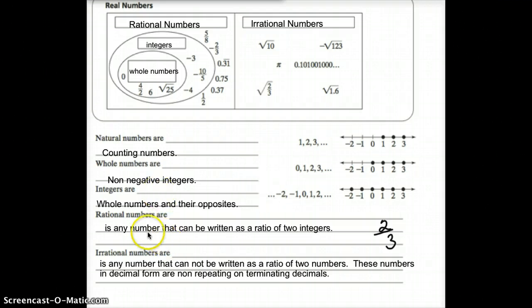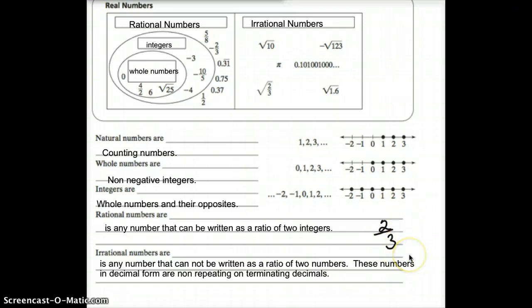And then we have rational numbers, and again, these are all my little quick definitions for them. You're welcome to open up the book and use your glossary and get a formal definition as well. Rational numbers are any numbers that can be written as a ratio of two integers. The word ratio, what does that mean? That's just a fraction. Any number that can be written as a fraction is going to be a rational number.